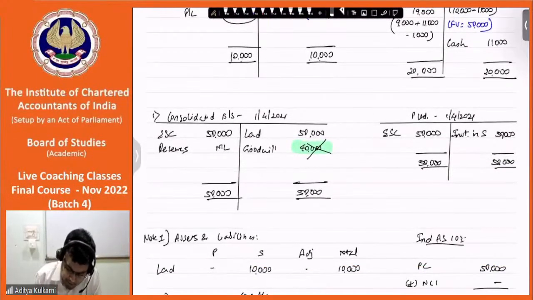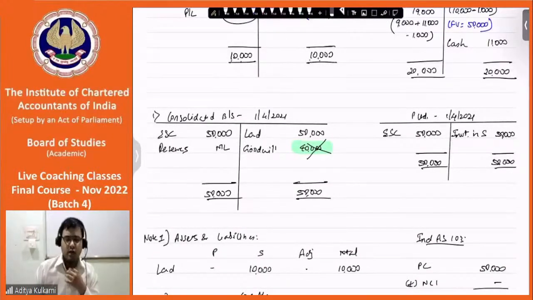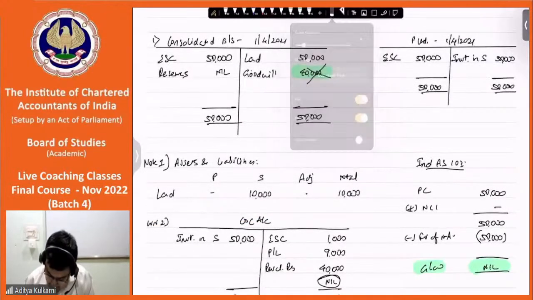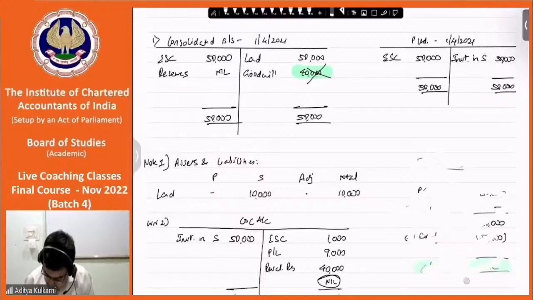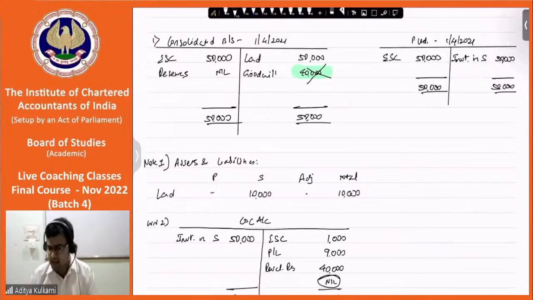Okay. So now we prepare the consolidated balance sheet on 1st April 2021. And now the consolidated balance sheet is going to look something like this. Okay. Please pay attention. Abhi things start to get a little more interesting.